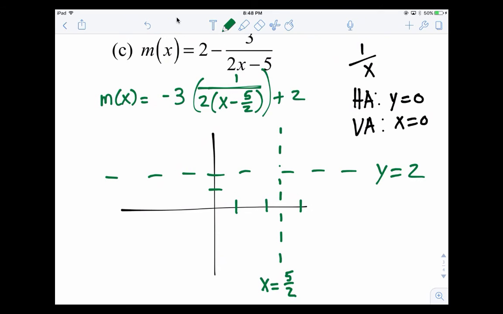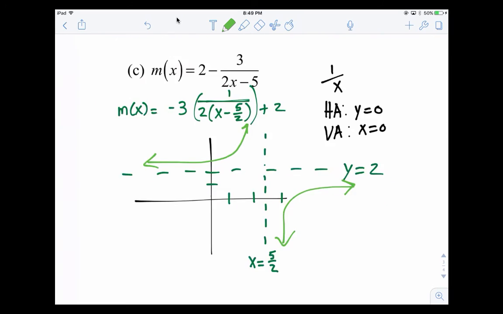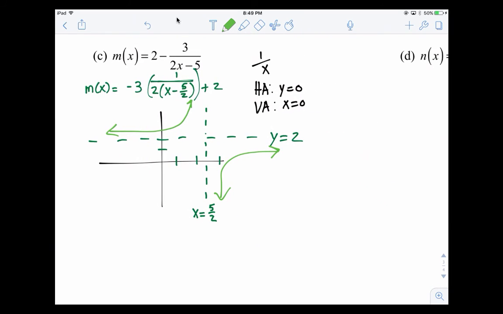Okay, so now I just have to fill in exactly where the rest of the graph goes. Normally 1 over x kind of looks like that. But because of the reflection over the x-axis, both of those parts of the graph are going to be flipped to the other areas. So this is now what your graph should look like. Again, these sketches don't have to be perfect.